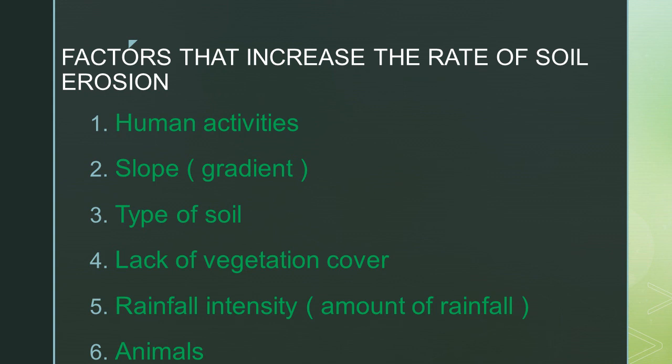Factors that increase the rate of soil erosion are human activities, slope or gradients, type of soil, lack of vegetation cover, rainfall intensity, which is the amount of rainfall, and the animals.